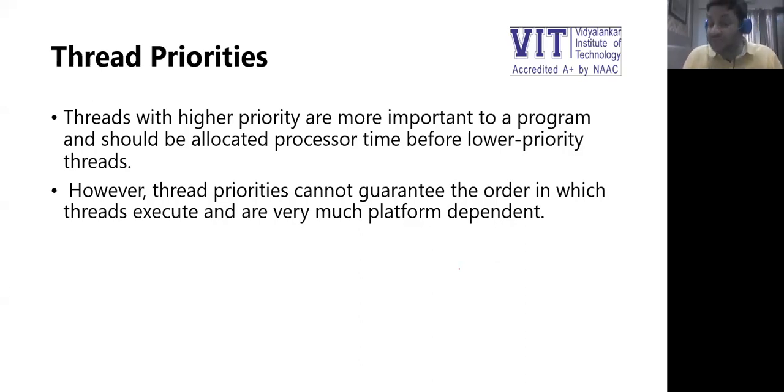If this happens, we are again against the concept of multi-threading, where we never wanted a thread to wait. I never want a high priority thread to get into wait state, with the lower priority thread unable to execute until it completes. We don't want this to happen. So basically it depends on the platform.